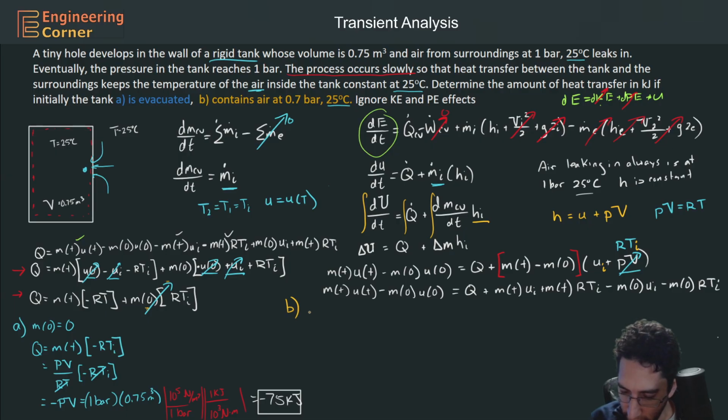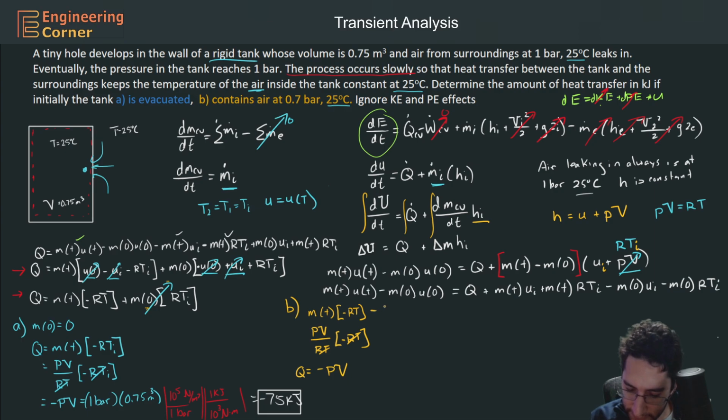So when I have this equation, m at t times minus RT, that simplifies the same way. So we know that already simplifies to PV over RT times minus RT. So this is going to be minus PV, all right, this is Q, is equal to minus PV.